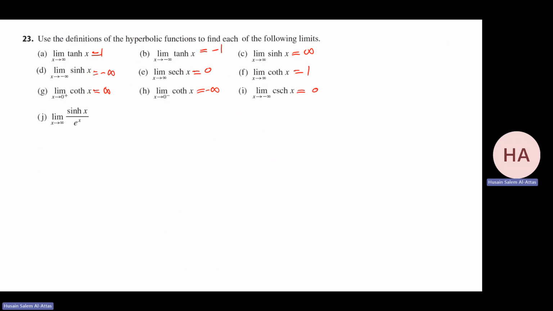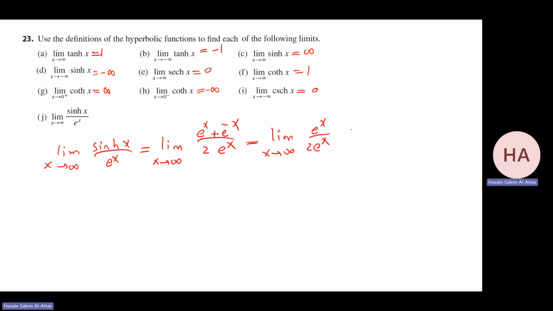Now to do this, I need to do it by calculation. The limit as x goes to infinity of sine hyperbolic x over e to the power x. That will be the limit as x goes to infinity of (e to the power x plus e to the power minus x) over 2e to the power x.